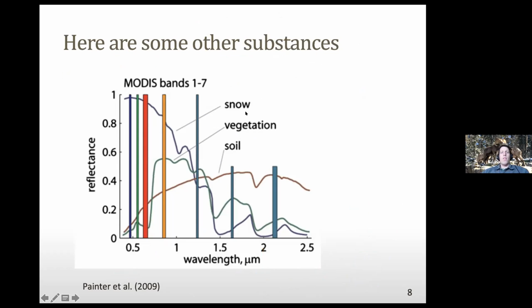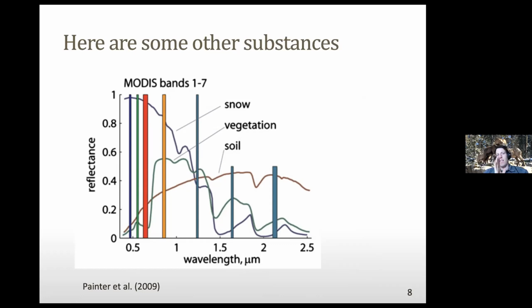Okay, so here are some other substances. Snow, as I said, is really bright in those visible wavelengths. And you can see this is a similar graph to what I just showed, except it's got vegetation in it, which is the green curve, and then it's got soil.